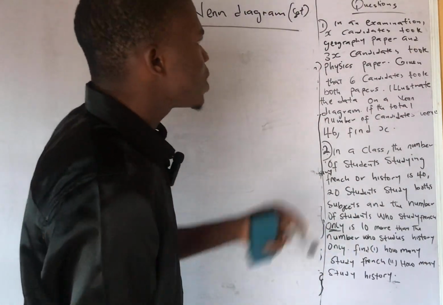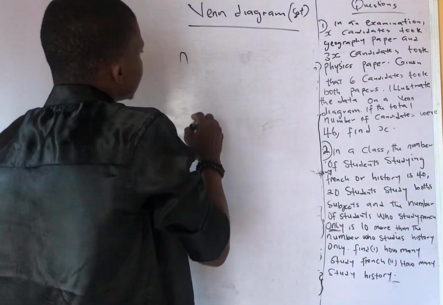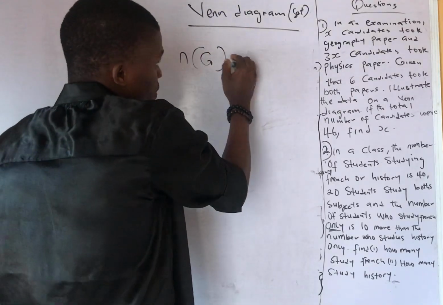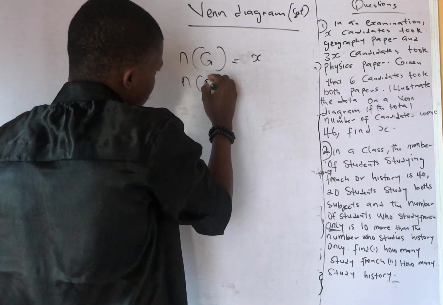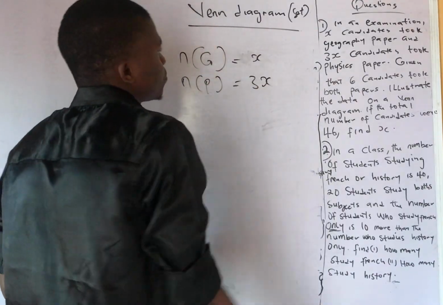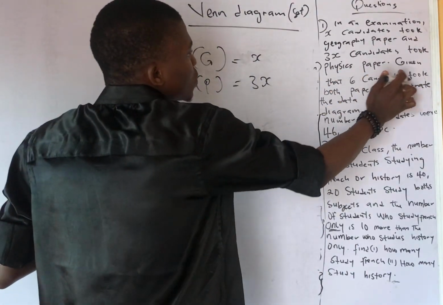Now looking at it very well, they said X candidates took geography. Now I will explain the keyword there. Let's represent geography as G. The number of students that took geography was X, while the number of students that took physics was 3 times the number of people that took geography. Then we are given that 6 candidates took both.